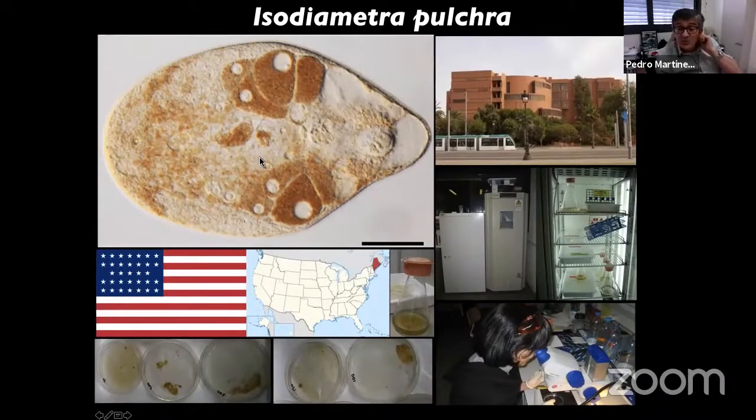And this one, we and others have been able to culture in the lab. Here is our department in Barcelona, here are our students. This can be cultured on a regular basis. What this means is that you can close the cycle and you can have easy access to all the developmental stages at any time.